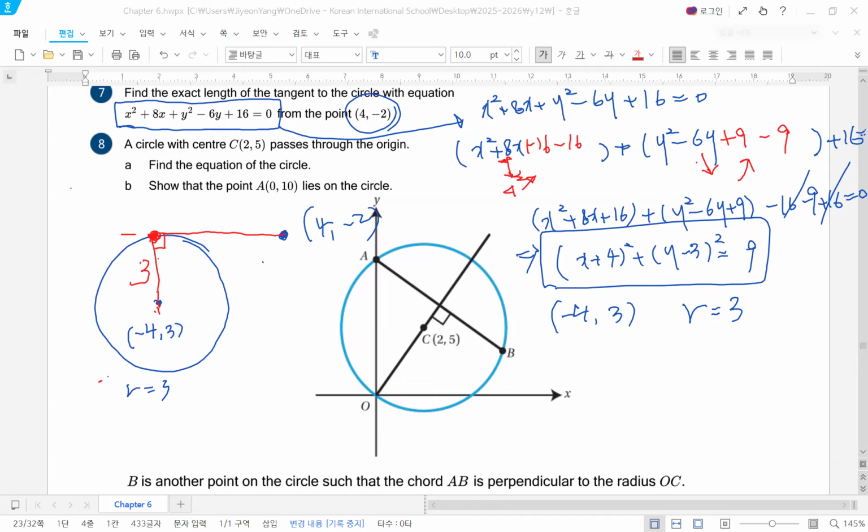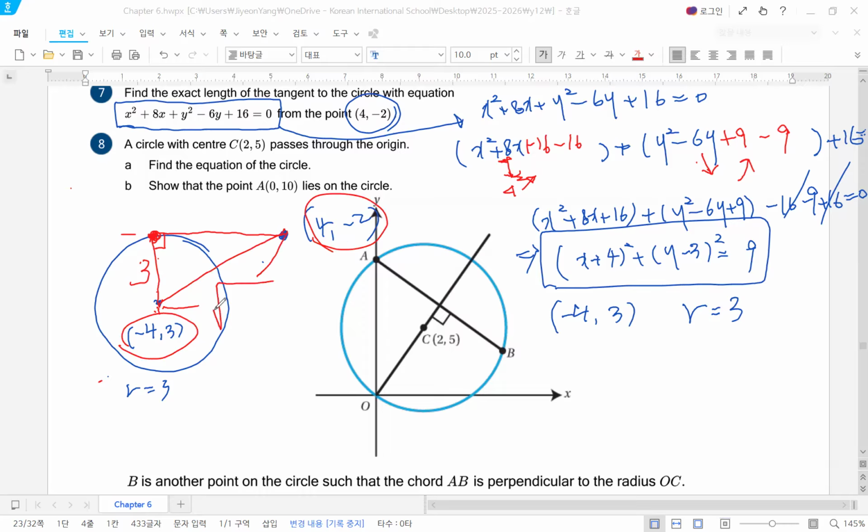Then if I join these 2 points, you can make a right angle triangle. Then can you find the length of the hypotenuse of this triangle by using the distance between 2 coordinates? Hypotenuse.